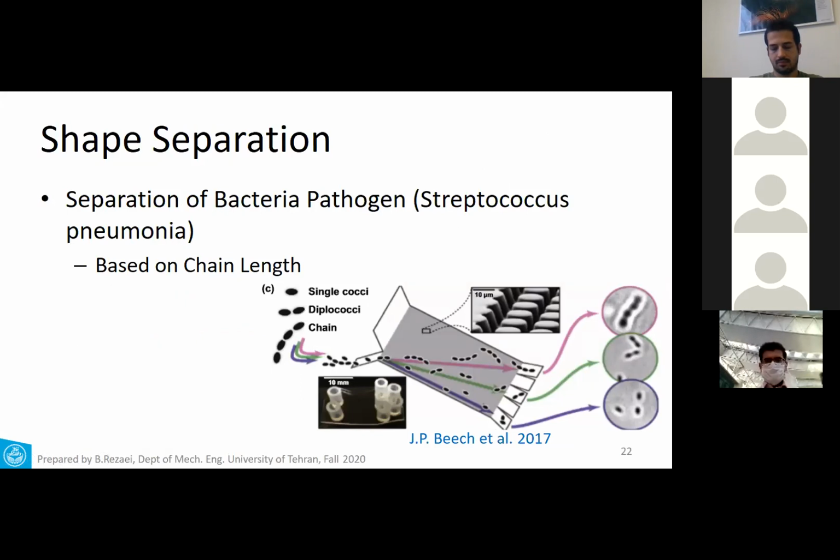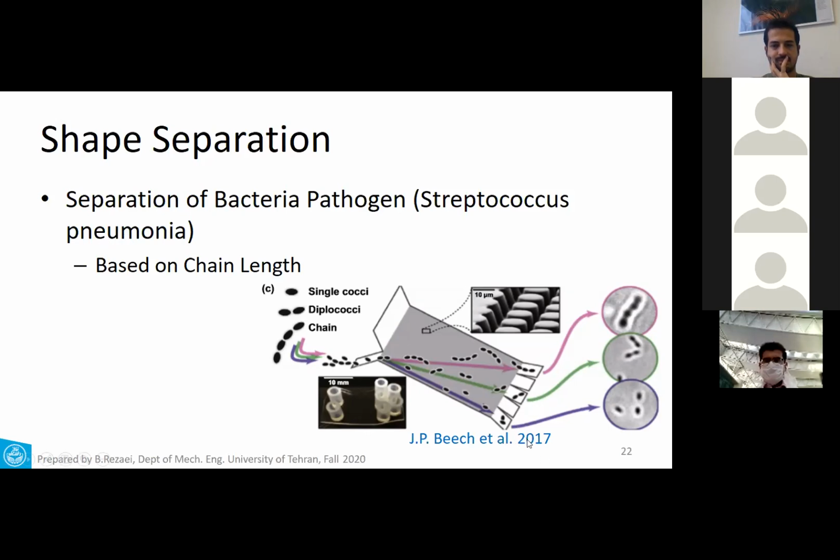up to now, let me look at the time. Okay, up to now, we have just talked about the separation based on size, but the separation in DLD has been done based on other things like the shape. For example, Streptococcus pneumonia, I cannot maybe pronounce them really okay, but they have been separated not just by their size, but based on their chain lengths.